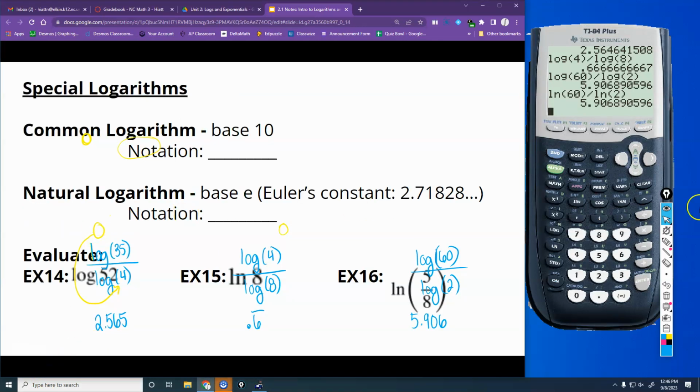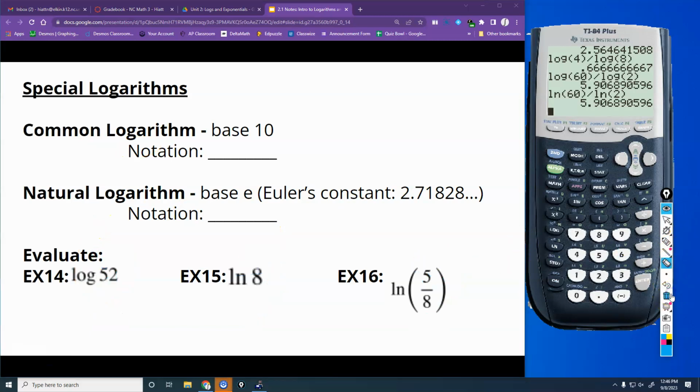All right, there are a couple types of special logarithms that we have to talk about. Sometimes there are logarithms that we are going to see used a lot more often, and because of that, we give them special names. The common logarithm is the base 10 logarithm. This is what would be used for the Richter scale, because each level is 10 more than the one before it.